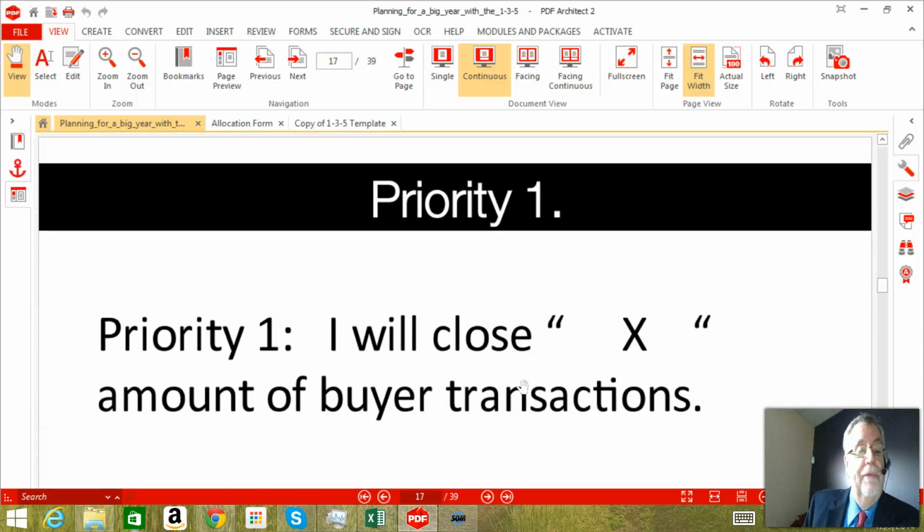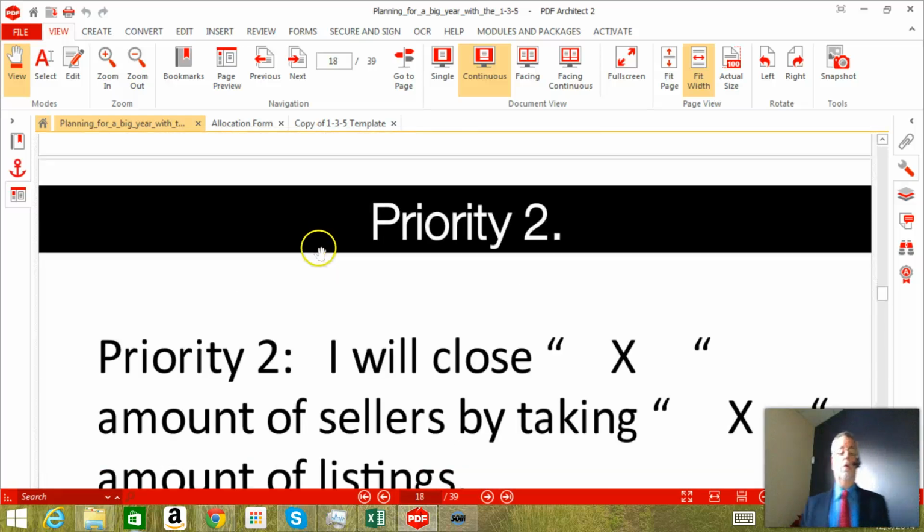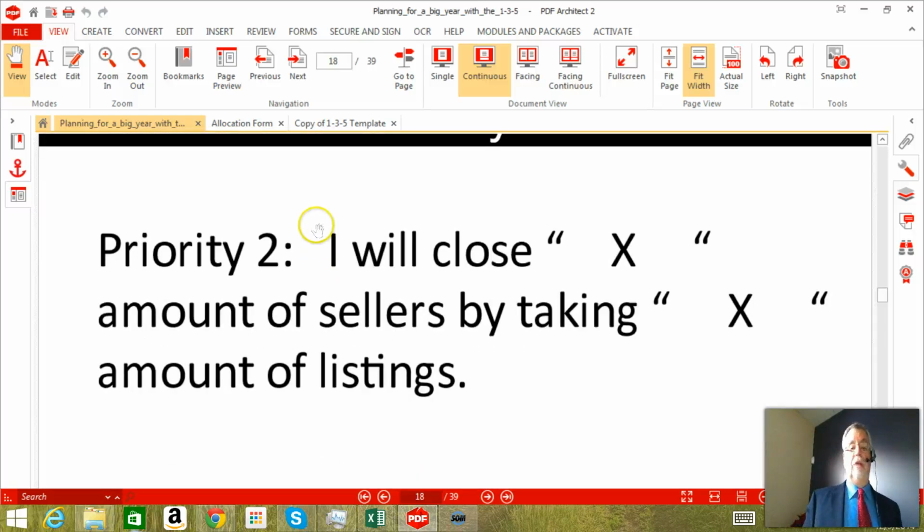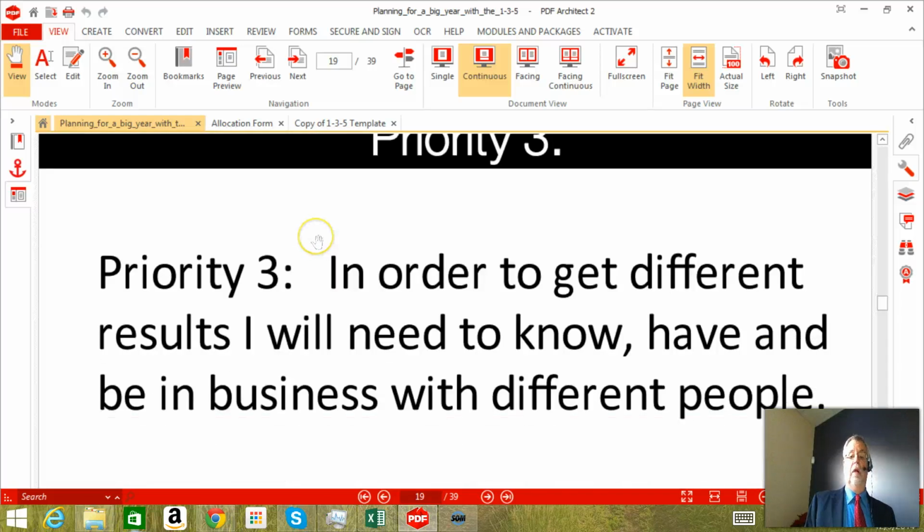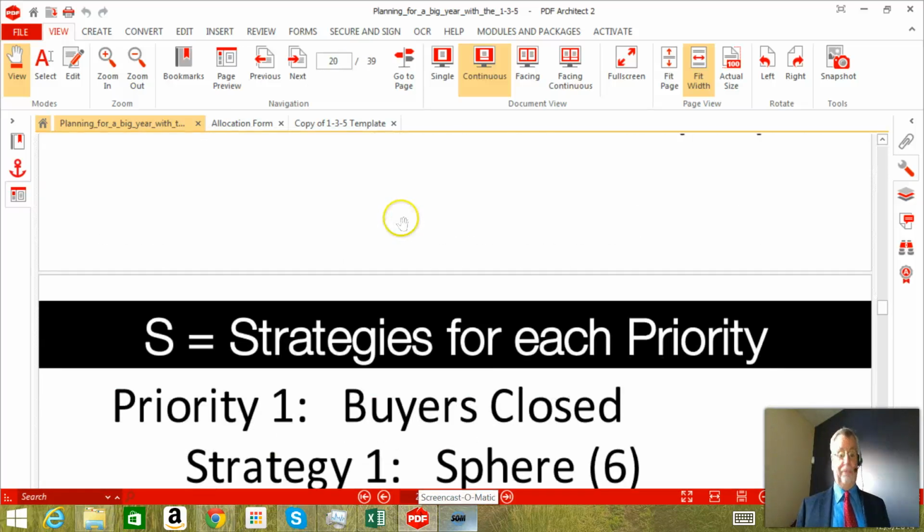So an example of this is I will close, let's say, out of 12, 6 buyer transactions. I've already forgotten the numbers. So priority number 2 is I'm going to close so many sellers. And priority number 3, I've already written out, actually Ben Kinney and Jay Papasan did. In order to get different results, I will need to know, have, and be in business with different people.